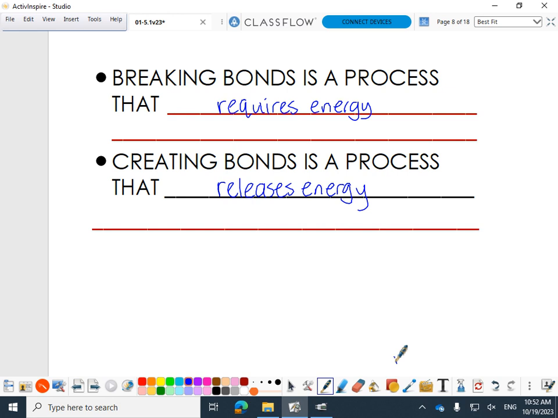So we have to look at the change in energy or see what the net change is. Which of these is greater? Is the requirement of energy greater, or is the release of energy greater? Not always. Sometimes one of them is greater than the other.